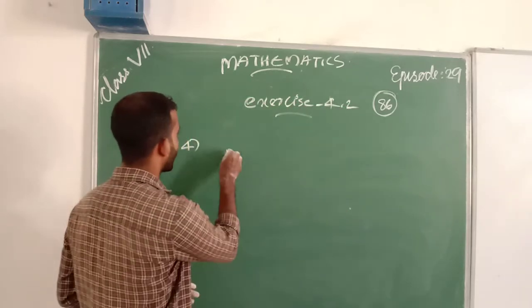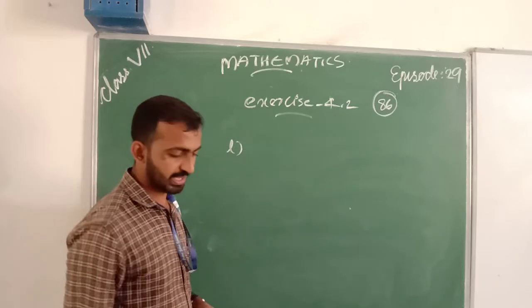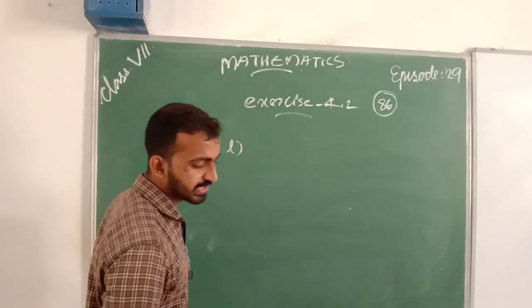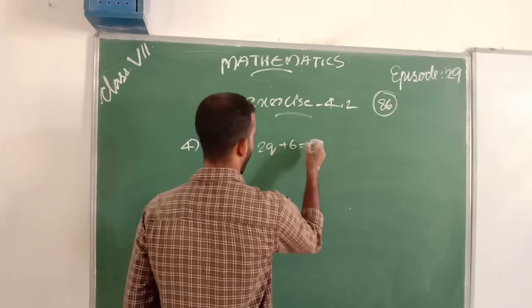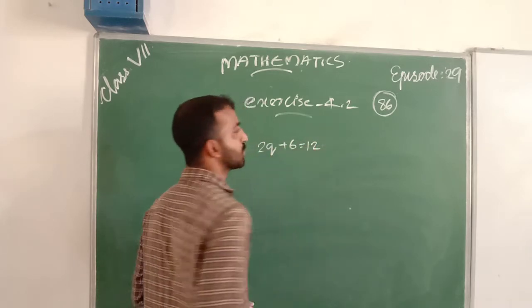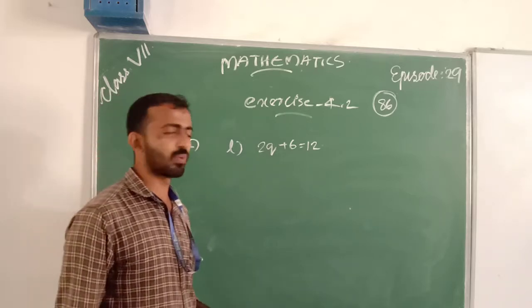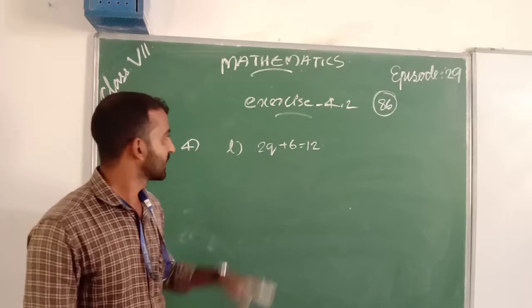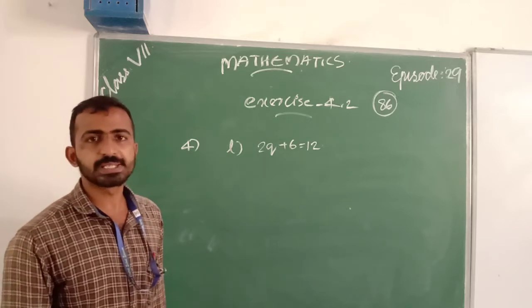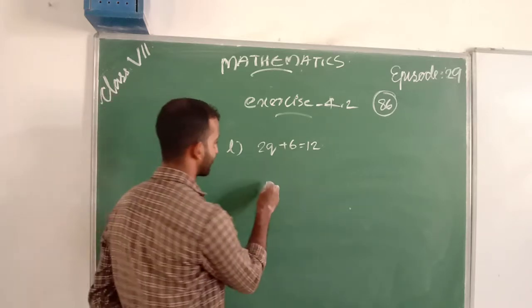L is, what is the question? L is 2q plus 6 equal to 12. Here, first step, we subtract 6 on both sides.